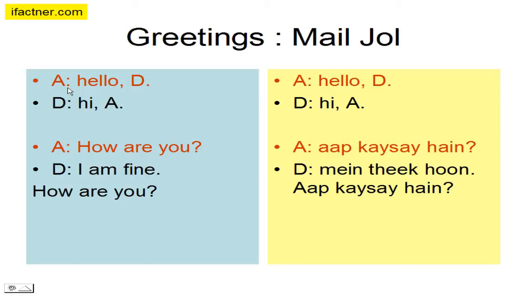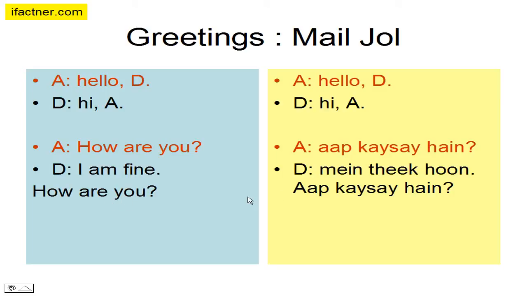In English, hello D. In Urdu and Hindi, hello D. In English, hi A. In Urdu and Hindi, hi A. How are you? आप कैसे हैं? I am fine. मैं ठीक हूँ.